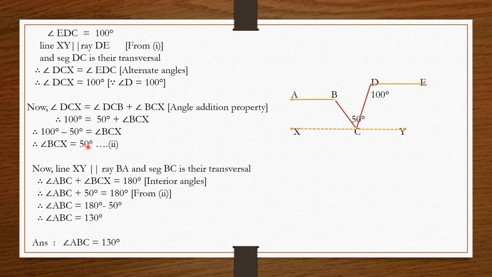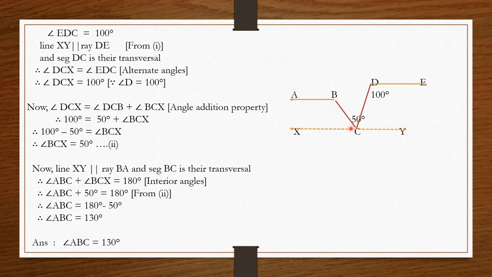Now, the line XY is parallel to the ray BA and the segment BC is the transversal. Then what is the angle ABC and angle BCX? Angle ABC and angle BCX are the interior angles on the same side of the transversal. Therefore, angle ABC plus angle BCX equals 180 degrees.